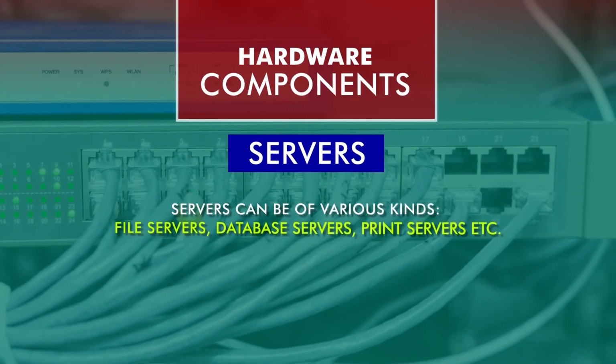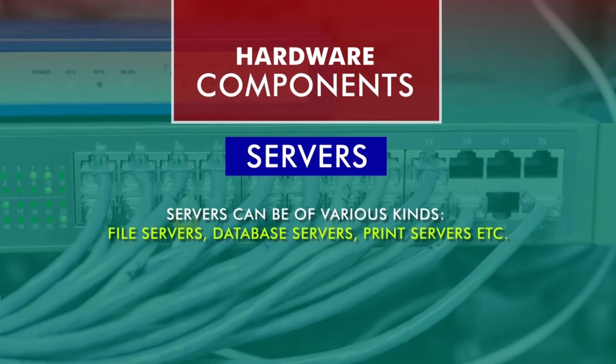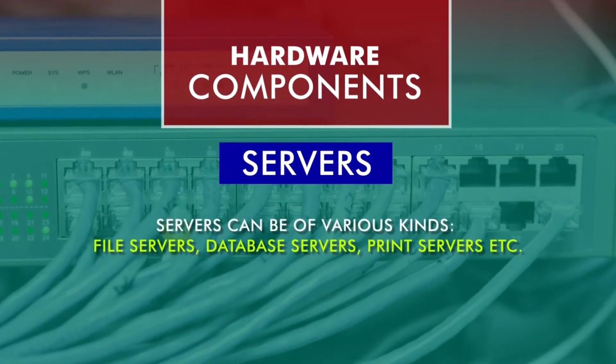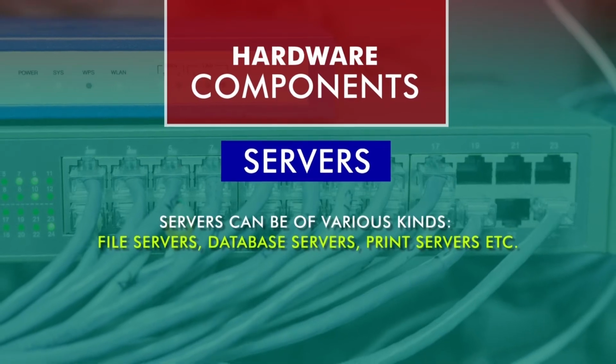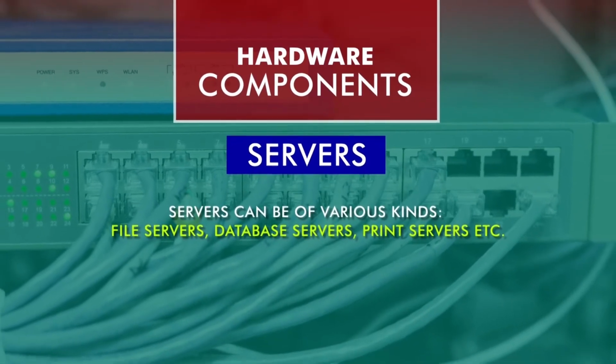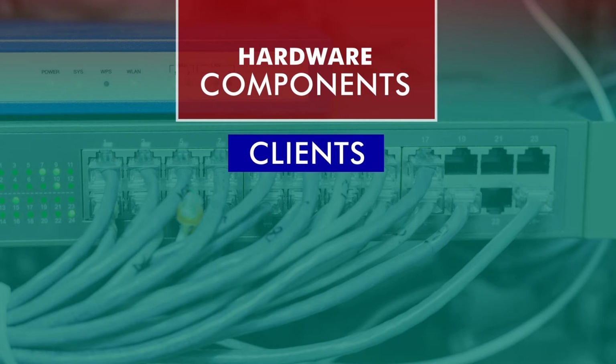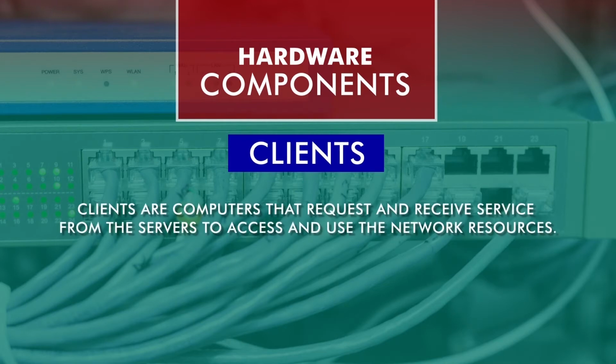Servers can be of various kinds, for example, file servers, database servers, print servers, application servers. Likewise, you can name several kinds of servers. The other hardware component is the client machines. Clients are computers that request and receive service from the servers to access and use the network resources.